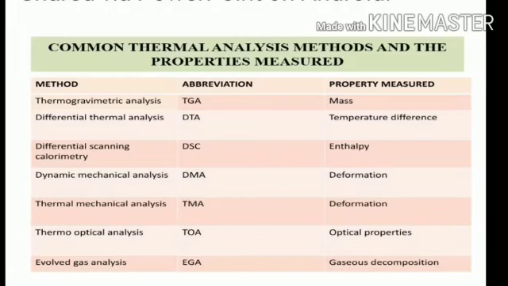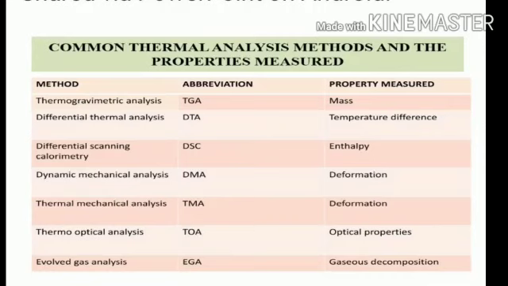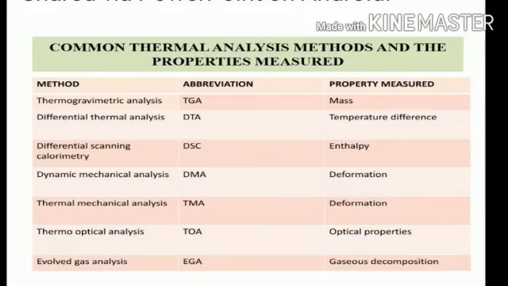In differential thermal analysis, the difference in temperature between the sample and a reference material is monitored against temperature or time. Differential scanning calorimetry is a thermal analysis technique in which the heat flow into or out of a sample is measured as a function of temperature.